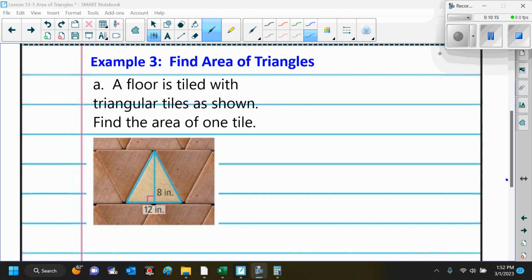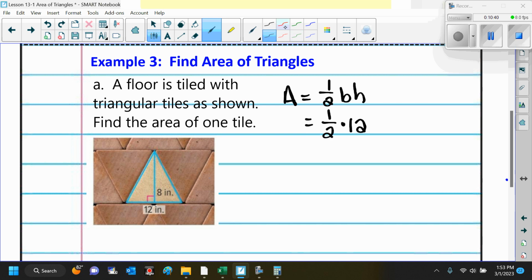All right, so here, example 3 is finding the area using this diagram. A floor is tiled with triangle tiles as shown. We want to find the area of one tile. So again, area is equal to 1/2 base times height. So that's going to be 1/2 times 12. That's the base.